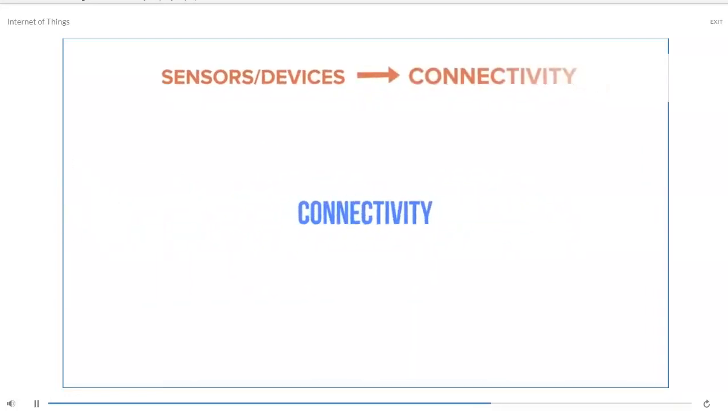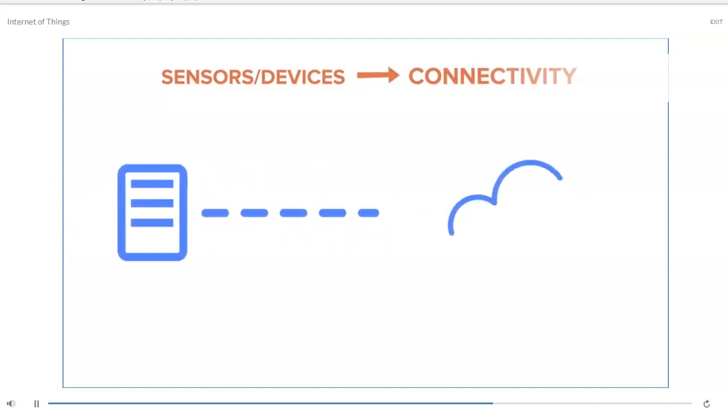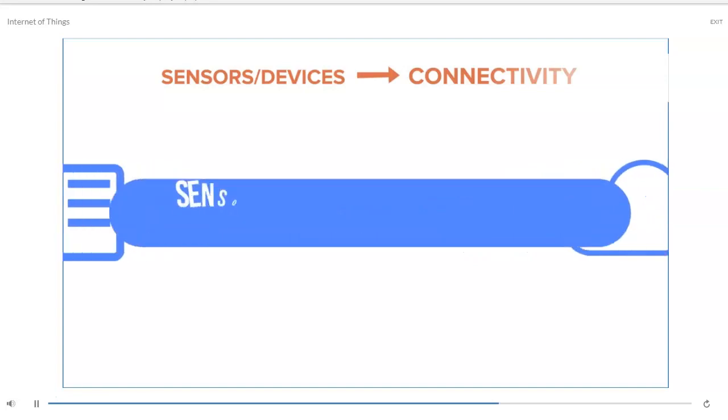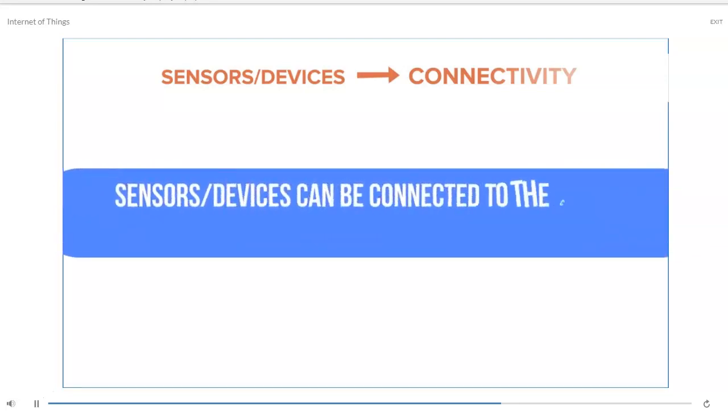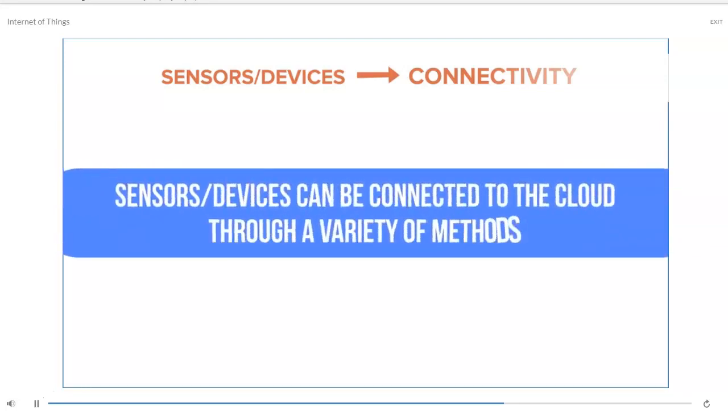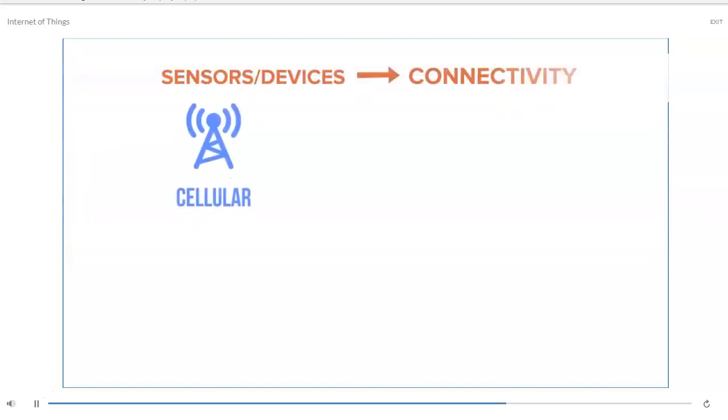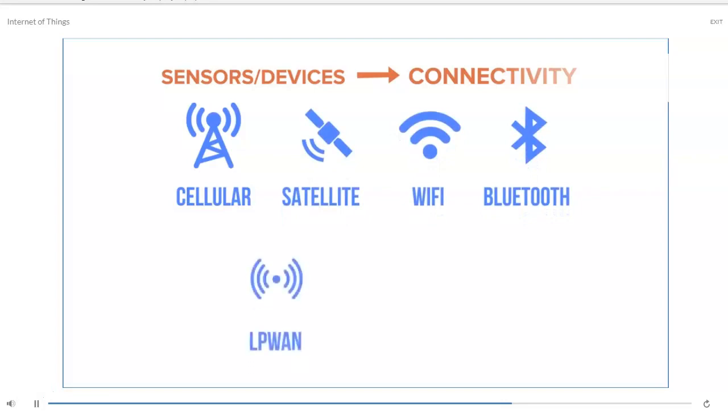Connectivity. Next, that data is sent to the cloud, but it needs a way to get there. The sensors or devices can be connected to the cloud through a variety of methods, including cellular, satellite, Wi-Fi, Bluetooth, low-power wide-area networks, LPWAN, or connecting directly to the Internet via Ethernet.